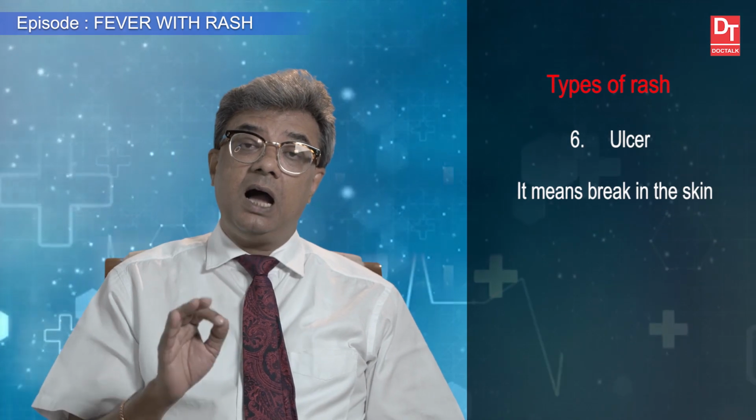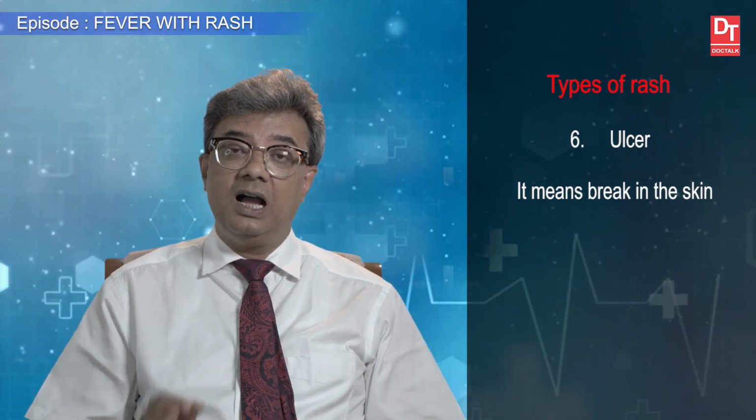And non-palpable purpura means bleeding within the skin. Now, in palpable purpura, we usually get an inflamed dilated vessel with subsequent hemorrhage, which we usually get in vasculitis.